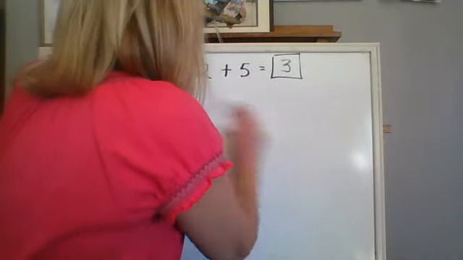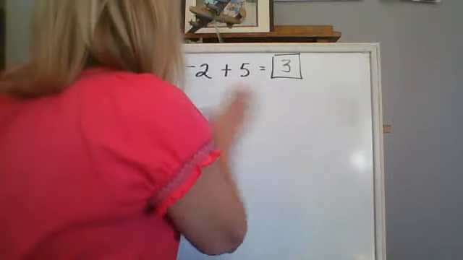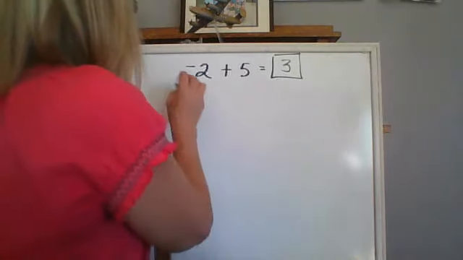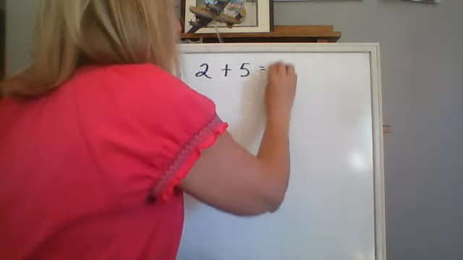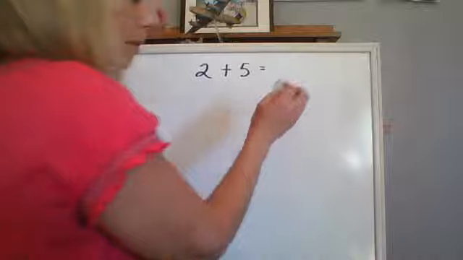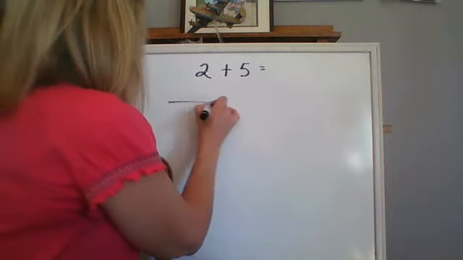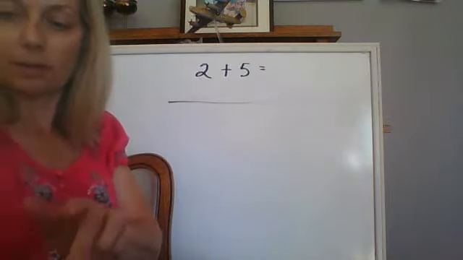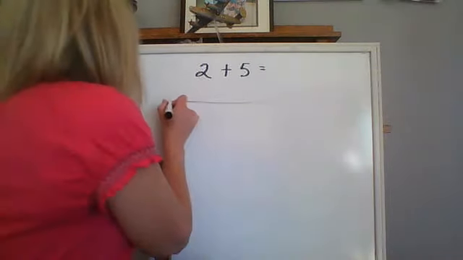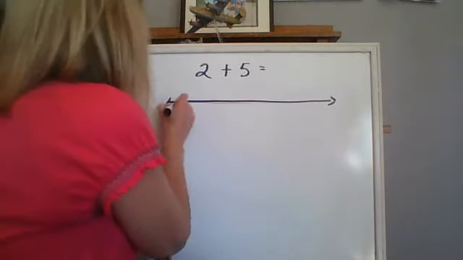Okay, I'm going to do another one. Let's say that I've got 2 negatives. So I'm going to go ahead and put my number line. Let me get a different pen. That one's much better.